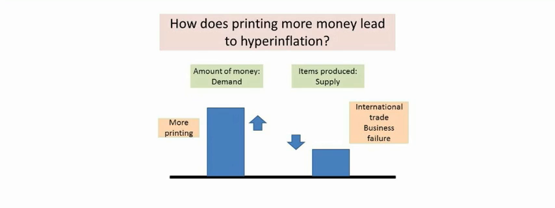It's worth less because of inflation. So many international traders think, when this inflation is happening, I don't know how much this good is worth. I don't know if it's going to be worth the same amount in a week's time. I better not trade with Germany, or at least I will reduce the trade with Germany just in case. That obviously means there's less stuff coming into Germany. That means the supply goes down, which means you have a bigger gap between supply and demand because there's lots more money in people's pockets, but much less stuff. That means inflation goes up even higher.